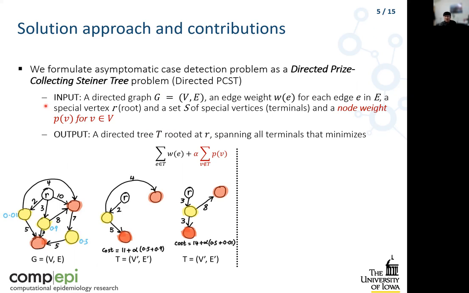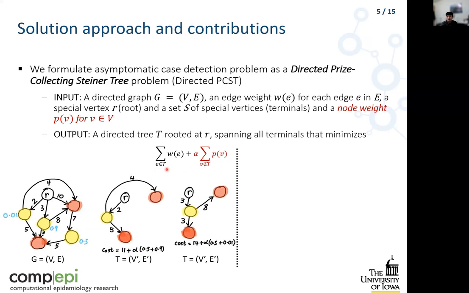Everything else is very similar to DST, except that it has an additional input such that all the nodes have a node weight. There is also a change in the cost function of the tree, where we have a term which corresponds to the summation of the node weights that are excluded from the tree.